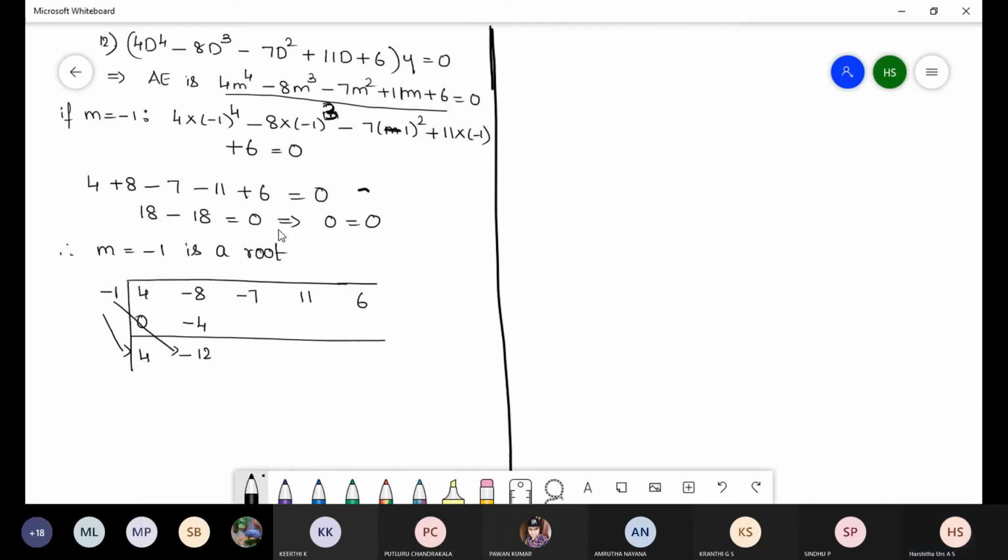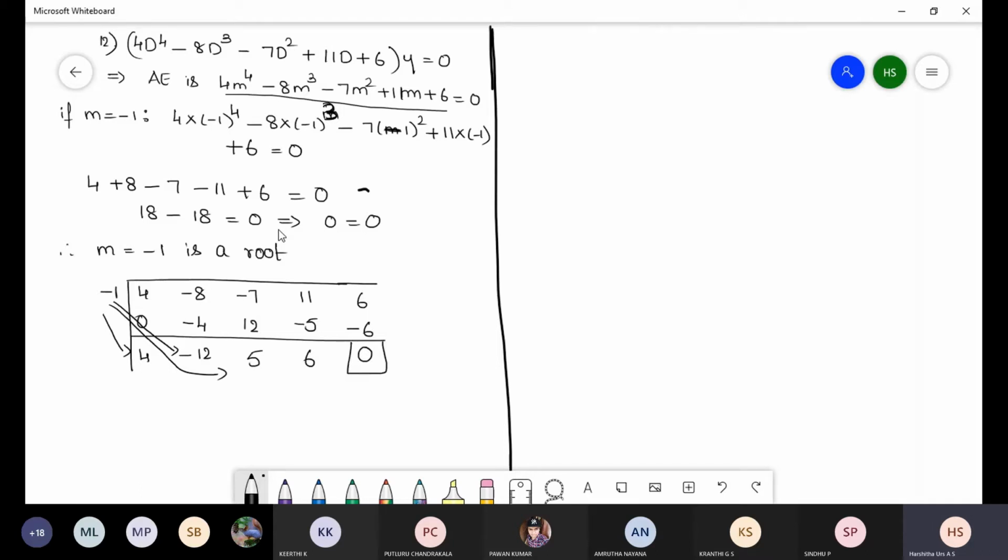Again minus 1 into minus 12, that is plus 12. 12 minus 7, 5. Again minus 1 into 5, so minus 5. 11 minus 5, 6. Last one, minus 1 into 6, minus 6. Here we get 0.